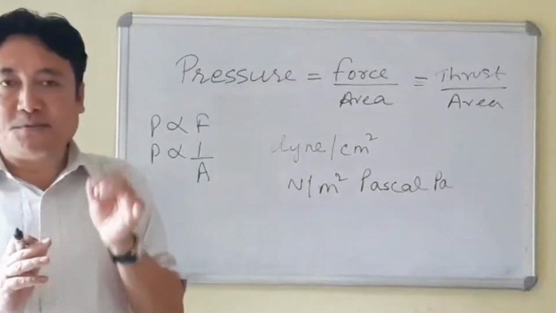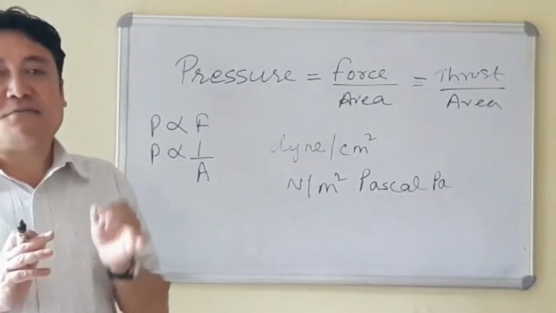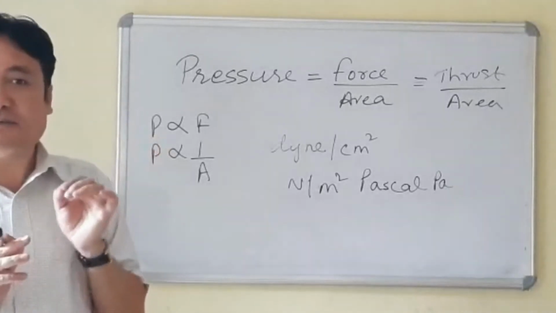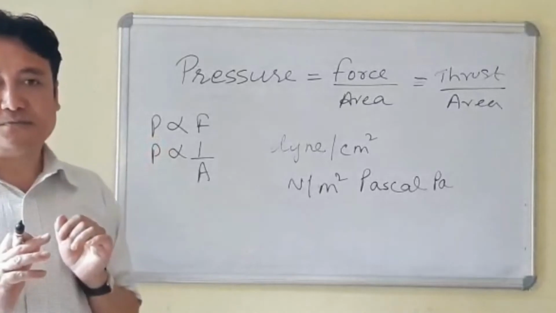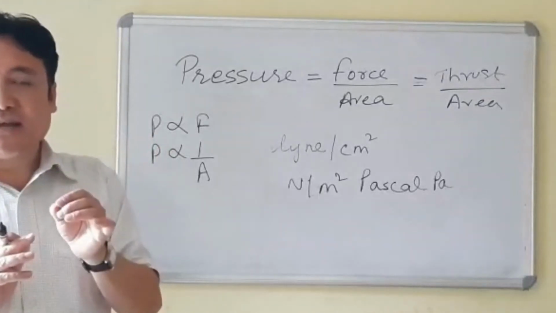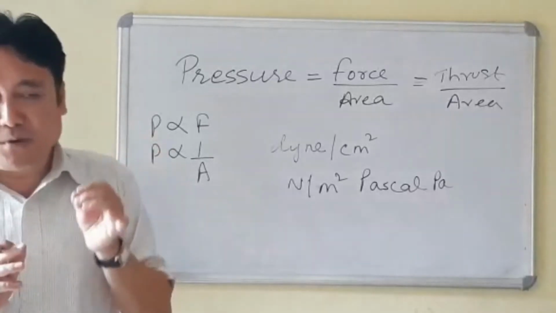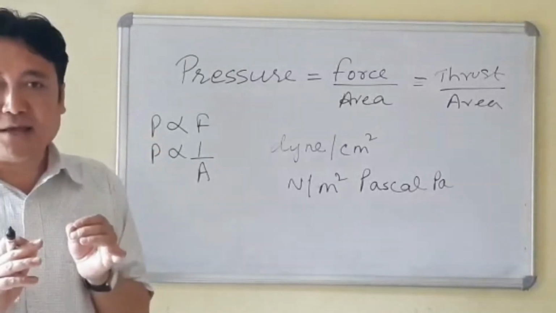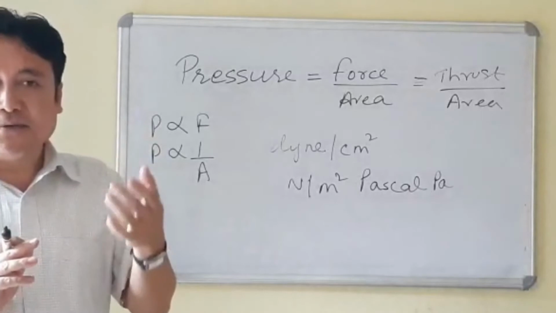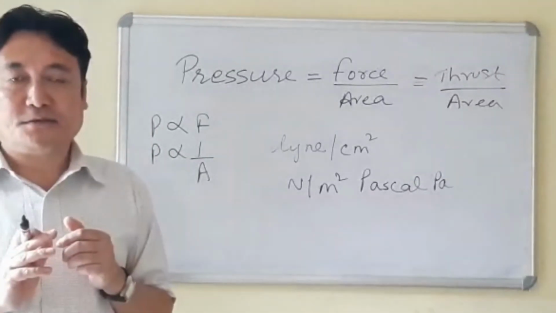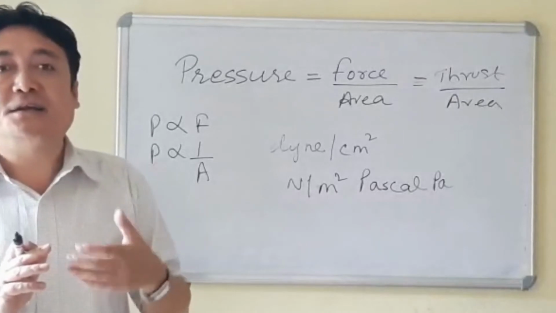Now these objects have a sharp edge. The edge is very sharp, and the surface area of that edge is smaller. So by applying a small force, this object is able to cut things by creating greater pressure.